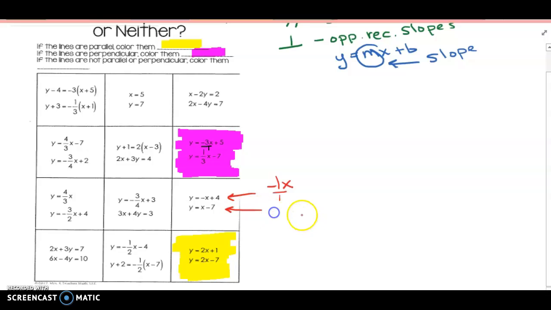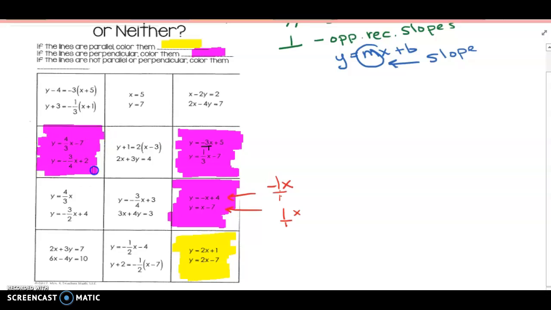And then here, it's just a positive x, so it'd just be 1x. Well, 1 is the same thing as 1/1. These, -1/1 and 1/1, those are opposite reciprocals as well, so that should be another one. There's one more that should be obvious, and that's right here. So +4/3 and then -3/4, those are opposite reciprocals, so we'll do that as well.